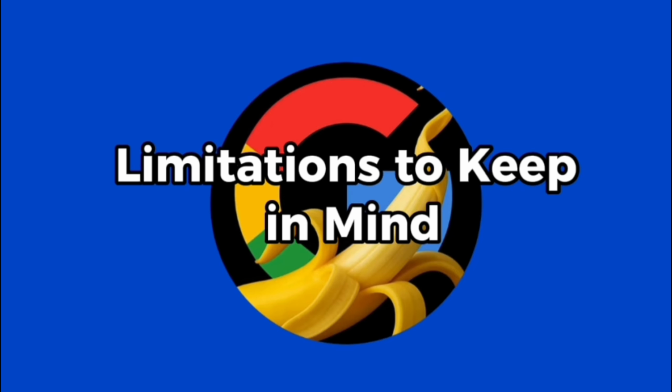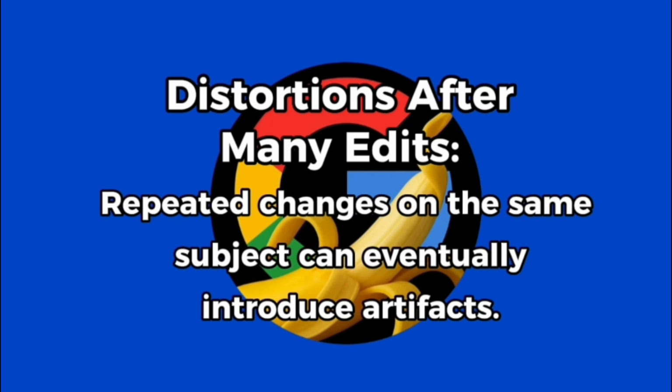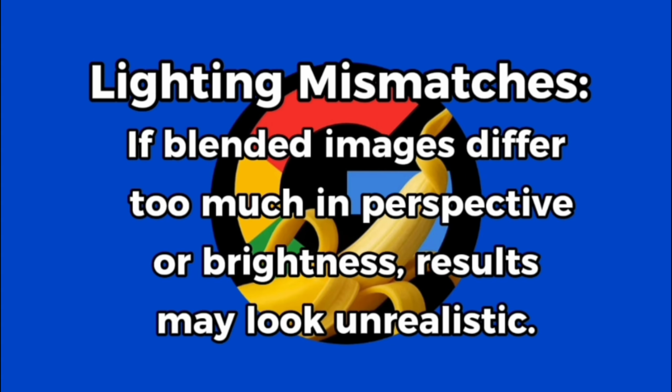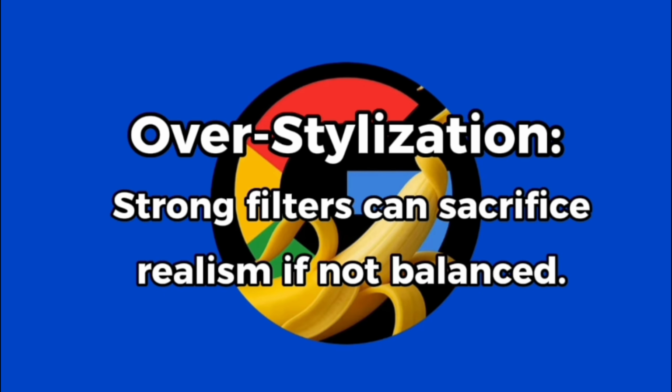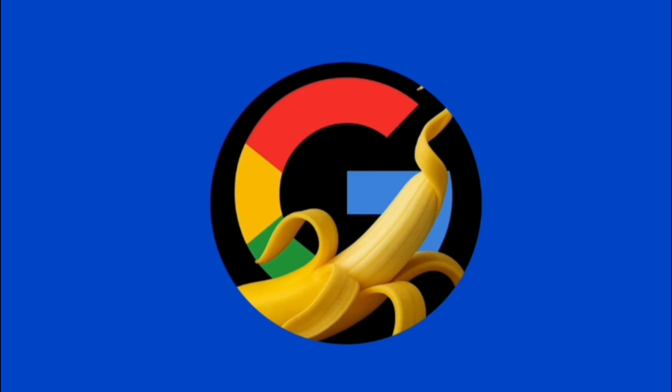Limitations to keep in mind. Distortions after many edits: repeated changes on the same subject can eventually introduce artifacts. Lighting mismatches: if blended images differ too much in perspective or brightness, results may look unrealistic. Overstylization: strong filters can sacrifice realism if not balanced.